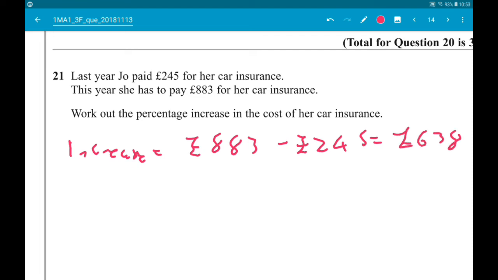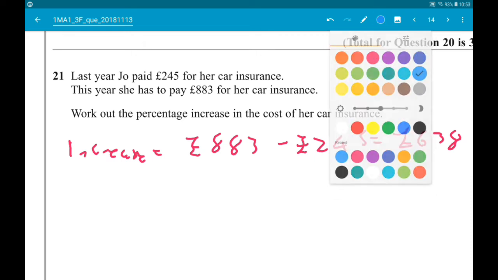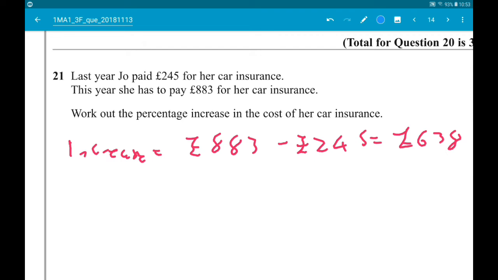Now, to get that as a percentage increase, we think of the increase as a fraction of the original cost. So 638 over 245.